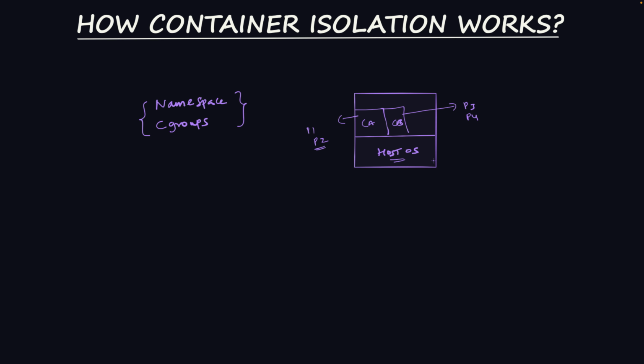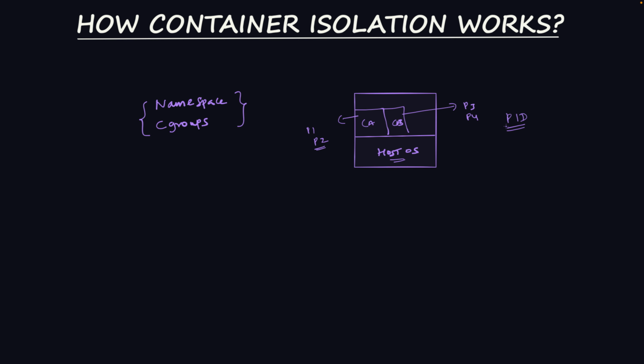Okay, so this is made possible by one of the namespaces within Linux called PID namespace. What this allows us to do is when a process is created, we can map this process to a namespace. So what we typically do is when a container is created, we'll create a PID namespace for that container and all the process that are spawned inside that particular container will use the same namespace.